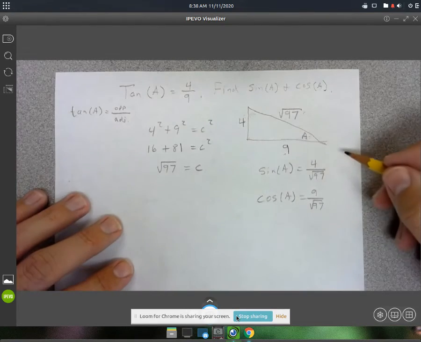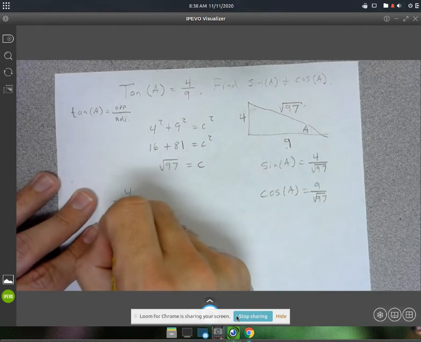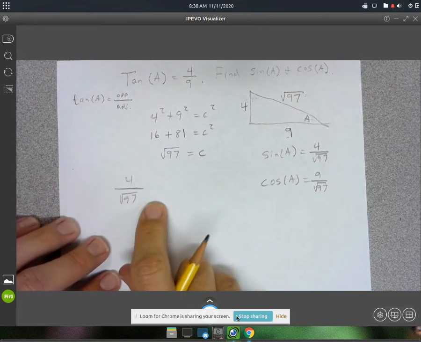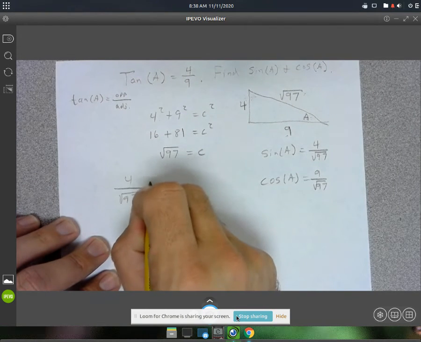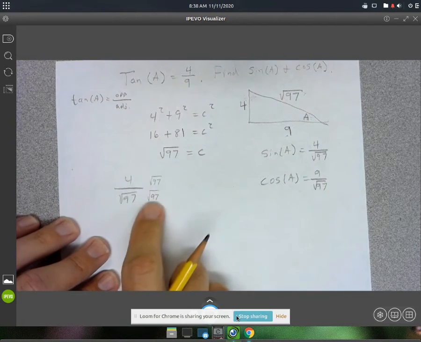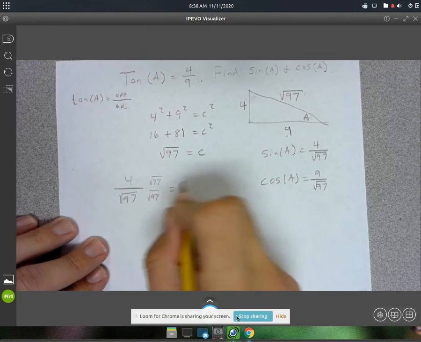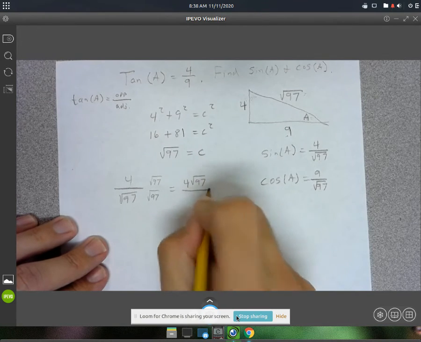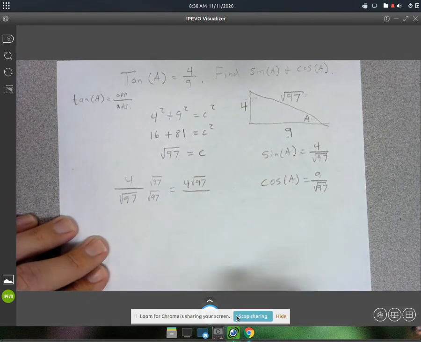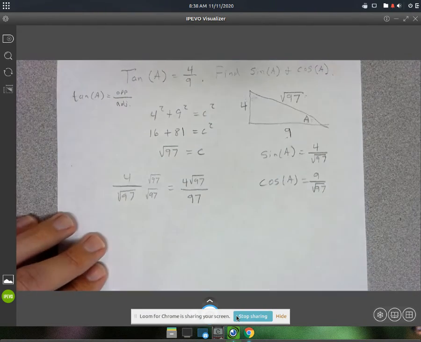But when you go to simplify it, so the 4 over root 97, you want to multiply top and bottom by root 97. All right, so that this becomes a non-square root. So this is going to give you 4 root 97 on top, and on bottom, because you have 2 square root of 97s, you're just going to wind up with 97.